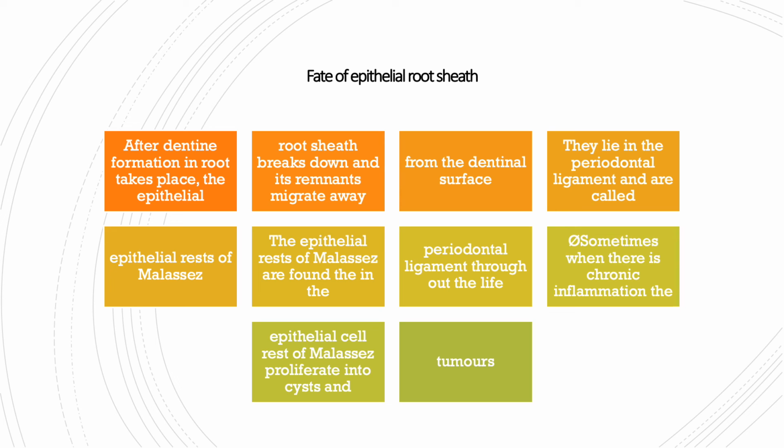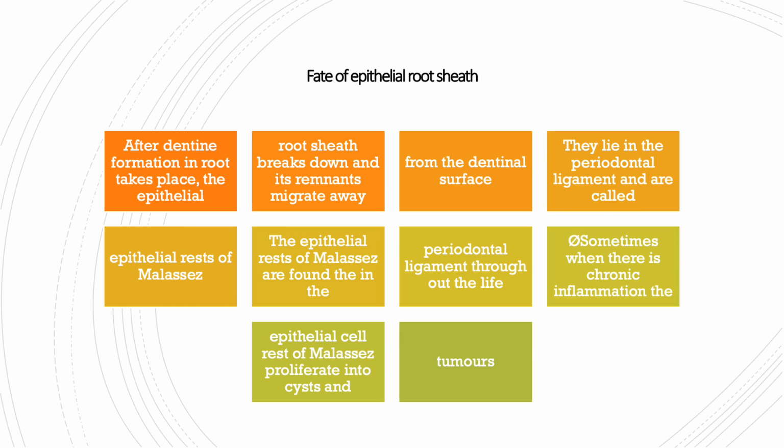They are the breakdown remnants of the root sheath after the complete formation of the dentin in the root, and these remnants migrate away from the dentinal surface and lie in the periodontal ligament. The epithelial rests of Malassez are found in the periodontal ligament throughout life.